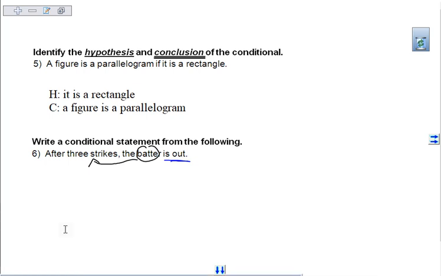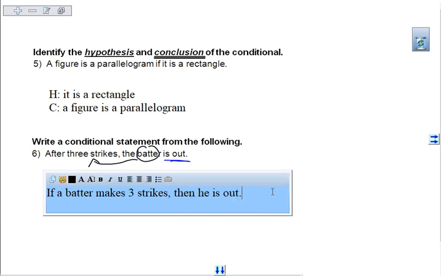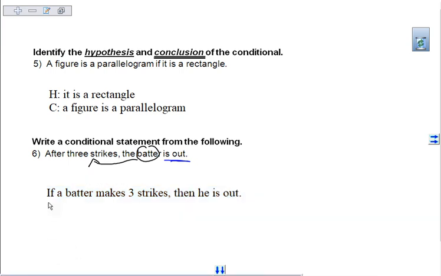So our conditional statement, if a batter makes 3 strikes, then he is out. Make sure that you start with a capital I, a period at the end, and you have a comma before the then.